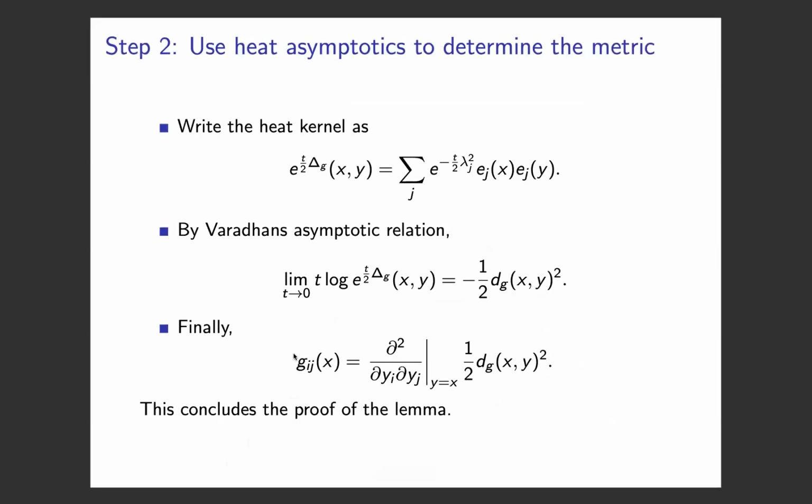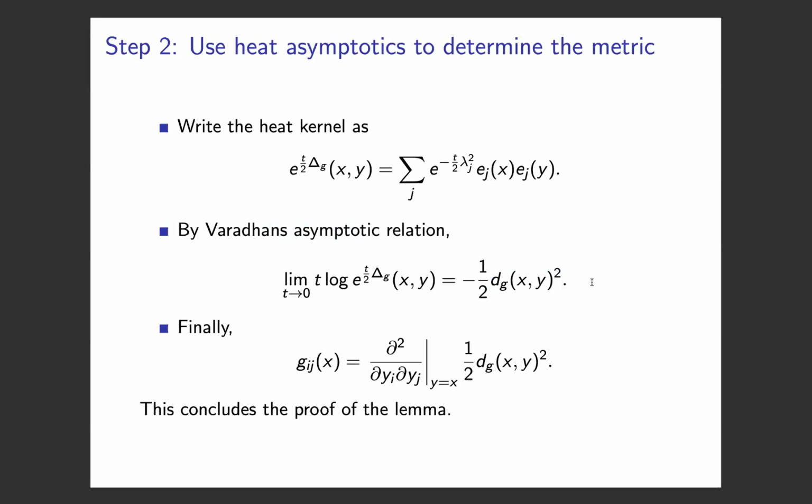Once we have the eigenbasis, we can write out the heat kernel spectrally as such. This is the solution kernel to the heat equation, and it is an incredibly well-studied object, in particular its asymptotics as t goes to 0. In particular, we have Varadhan's asymptotic relation, which allows us to recover the norm squared of the distance metric between 2 points.